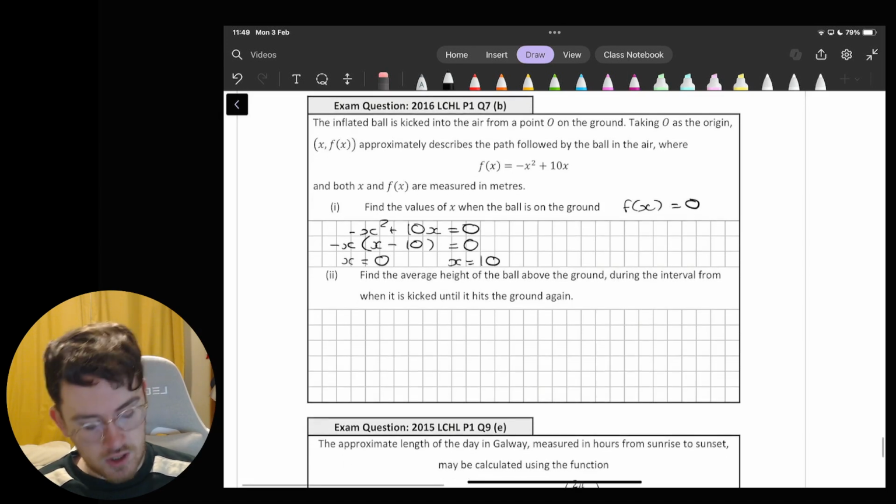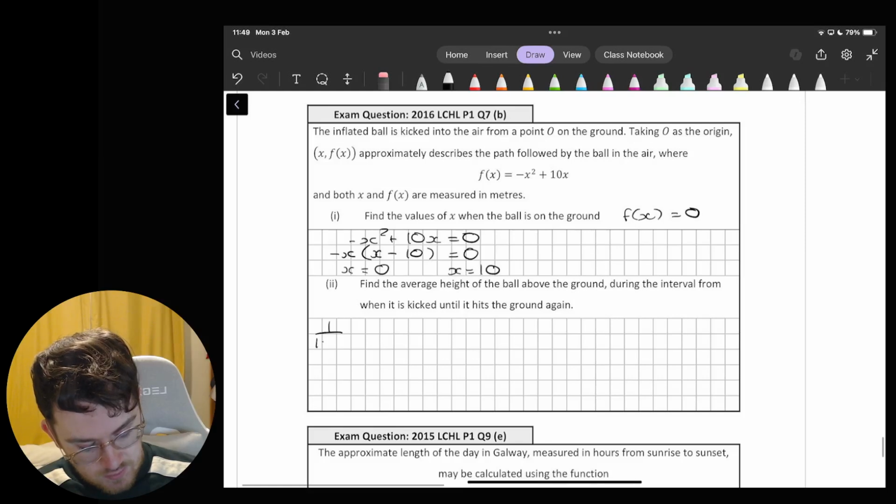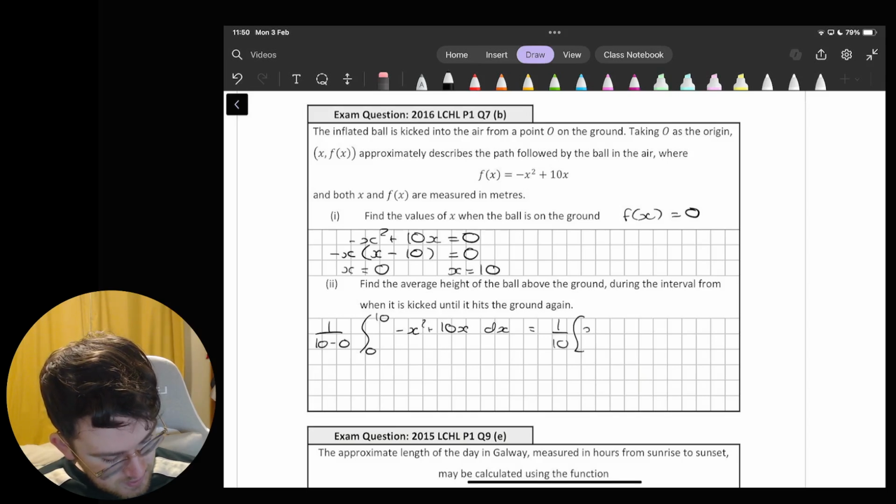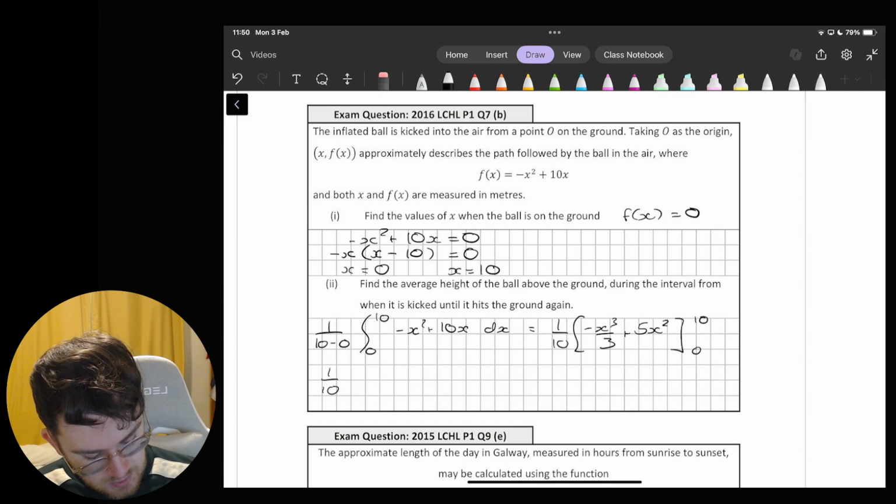Average height of the ball on the ground. Again, this is very similar to our example here, so we can just fly through it. The only change actually is the 10. So let's see, minus x cubed over 3 plus 5x squared. Just jumping the gun a little bit there to speed us up.